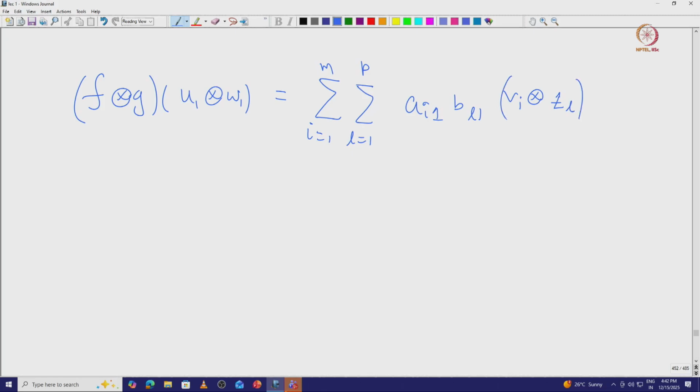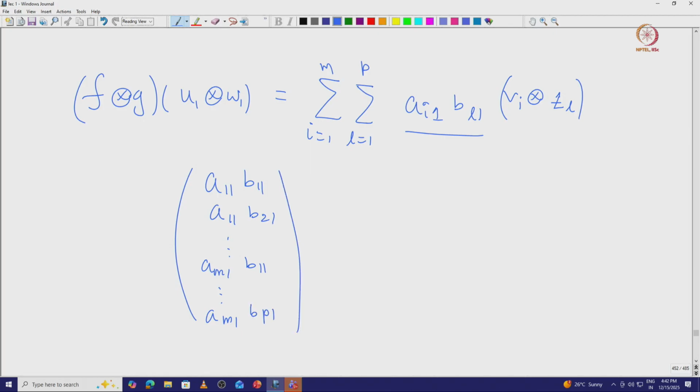Now, if we take these coefficients and list them using the natural order, you can see that this is going to be A11 B11, A11 B21, etc., Am1 B11, and then etc., Am1 Bp1. So, this is nothing but the first column of A tensor B, where A is the matrix of f and B is the matrix of g.